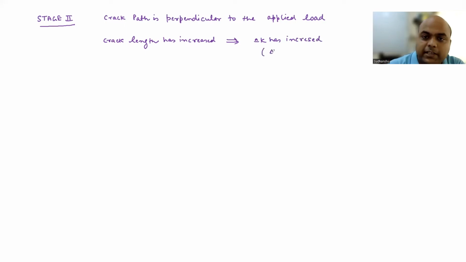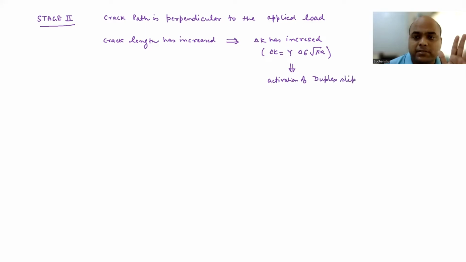Okay, remember what is delta K? Delta K is Y delta sigma root pi a. Again, delta sigma is constant if we are doing a constant amplitude fatigue loading. So a has now increased, so delta K has increased. So this will lead to activation of, say, duplex slip. Okay, so more than one slip system is now going to get activated.